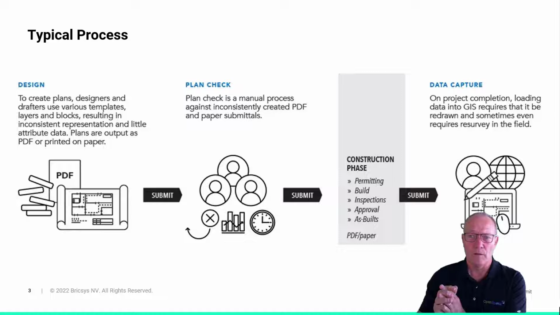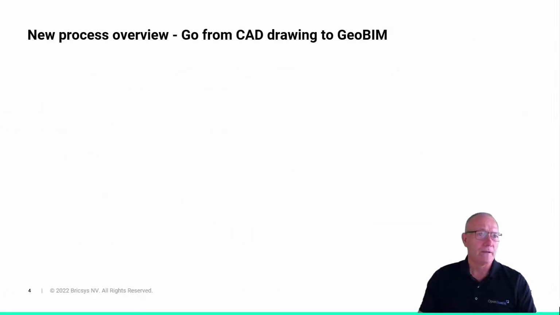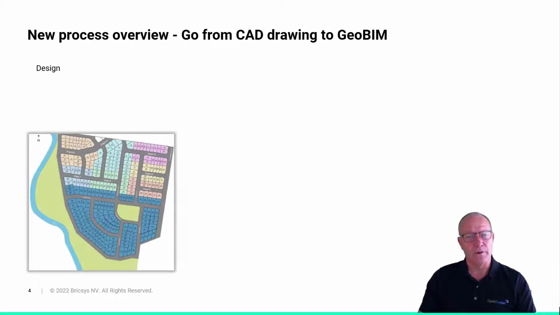So what we want to do is remove the PDF transfer of information between digital from the design into the data storage, and we do that with this solution. In a quick overview, we can go from CAD to GeoBIM models within a matter of minutes, and Attributor is a key part of that.